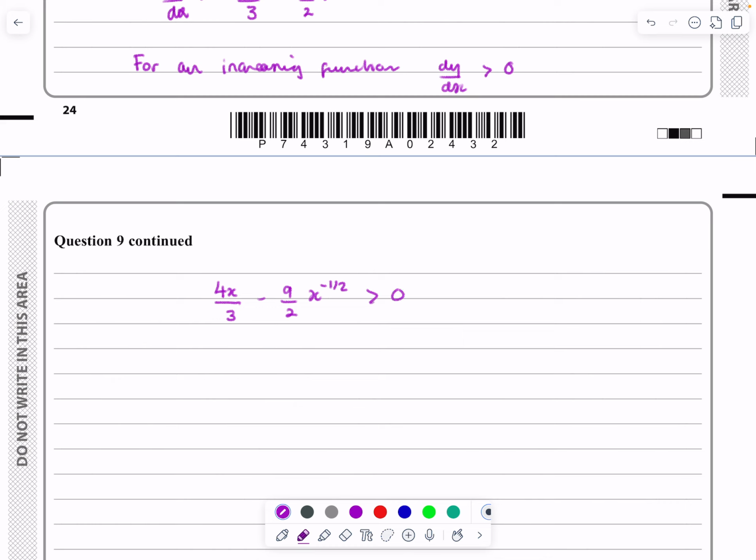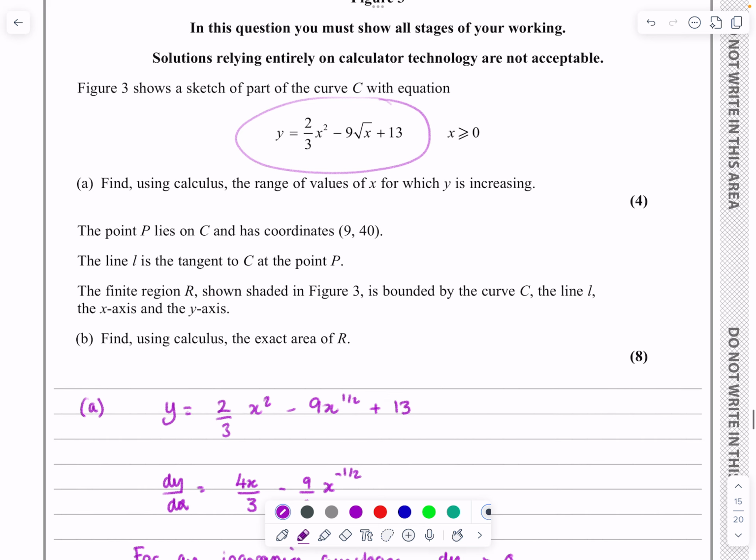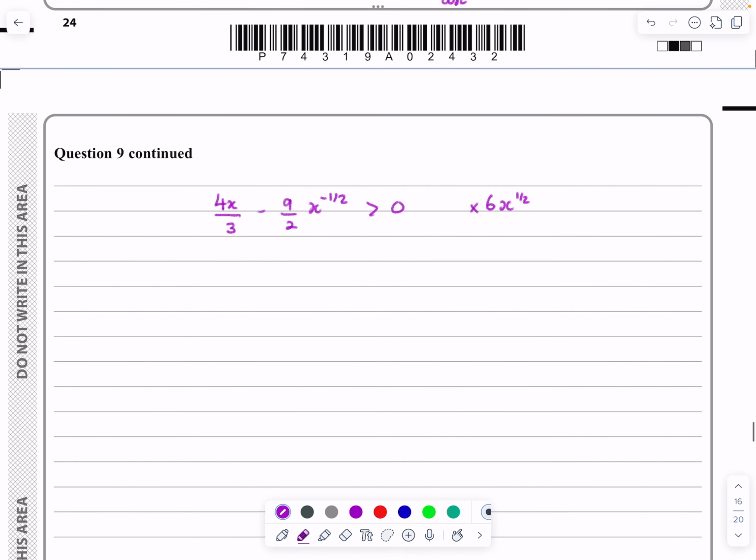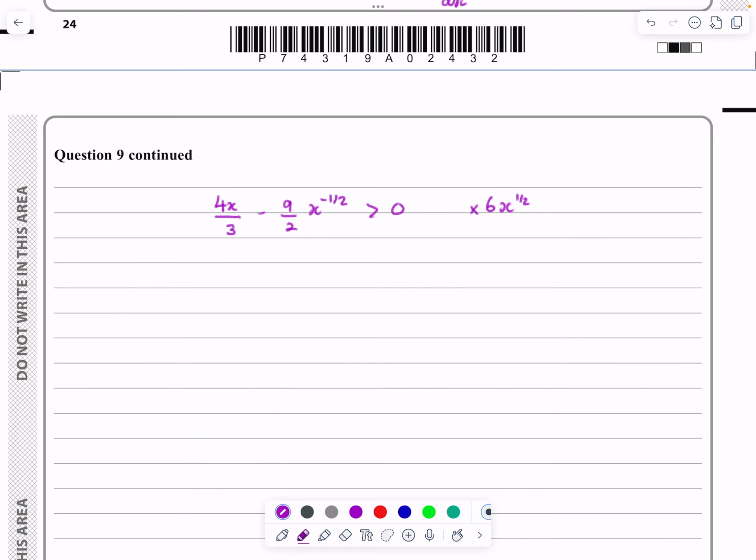I want that to be greater than 0. So let's get rid of the 3 and the 2 by multiplying by 6. But let's also get rid of x to minus half by multiplying by x to the half as well. And we're allowed to do that because it says in the question that x is greater than or equal to 0. So we've got no issues with our inequalities when we're doing that.